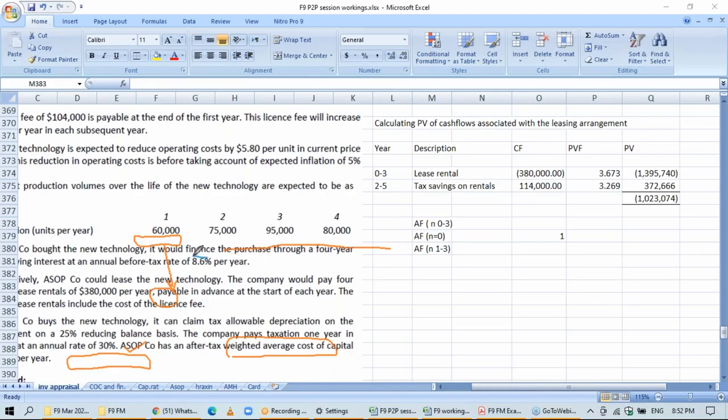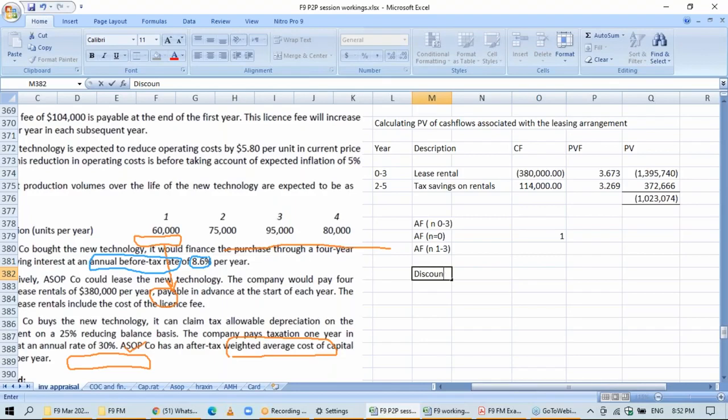The rate is given over here, 8.6%, but this rate is before tax. We always use the after-tax rate. We have to consider the tax shield as well. So the tax rate is 30%, and if you save 30% tax on interest, so what will be the rate?